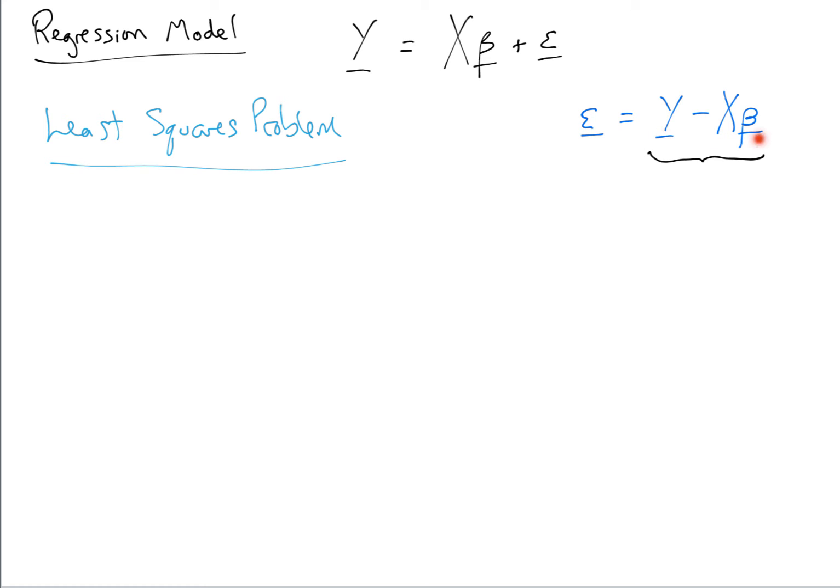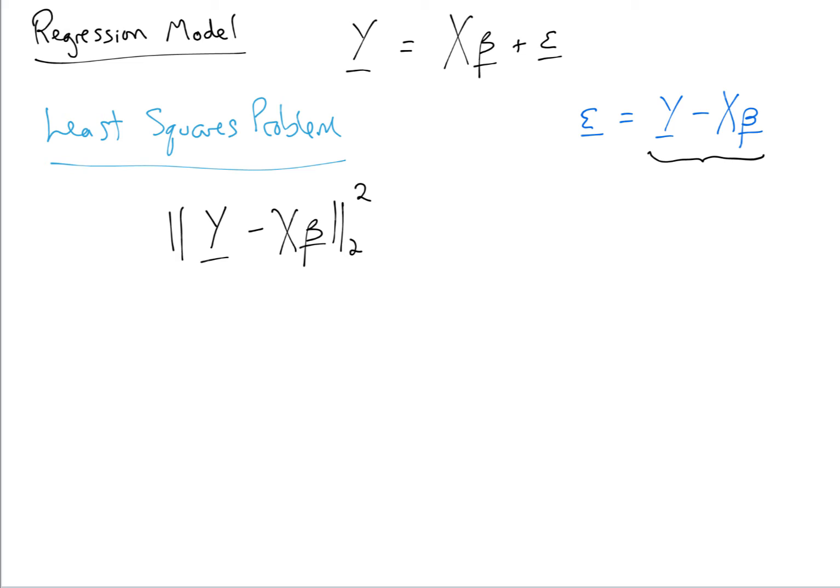What we want to do is minimize the sum of the squares of those errors. Well, what does it mean to take a vector and take the sum of the squares of its entries? That is nothing more than the 2 norm of y minus X beta, squared.